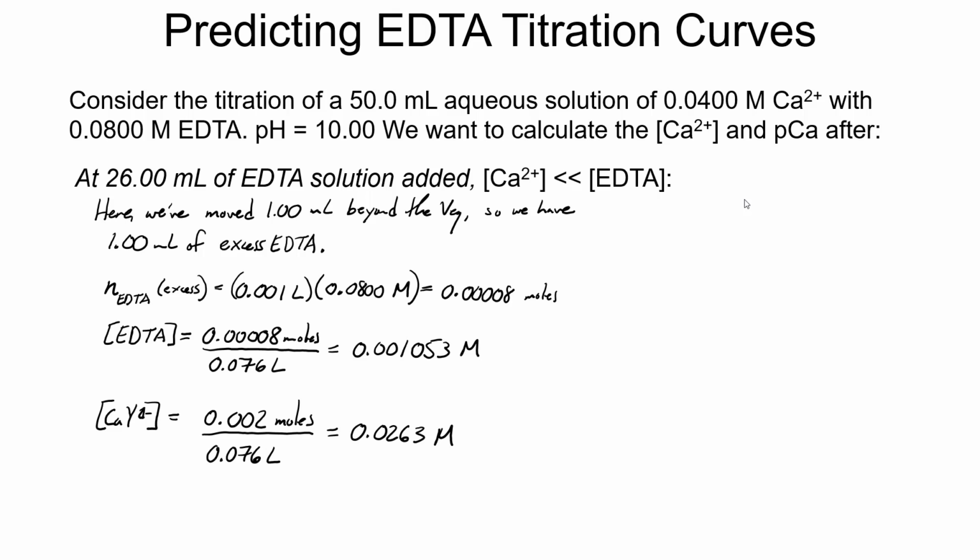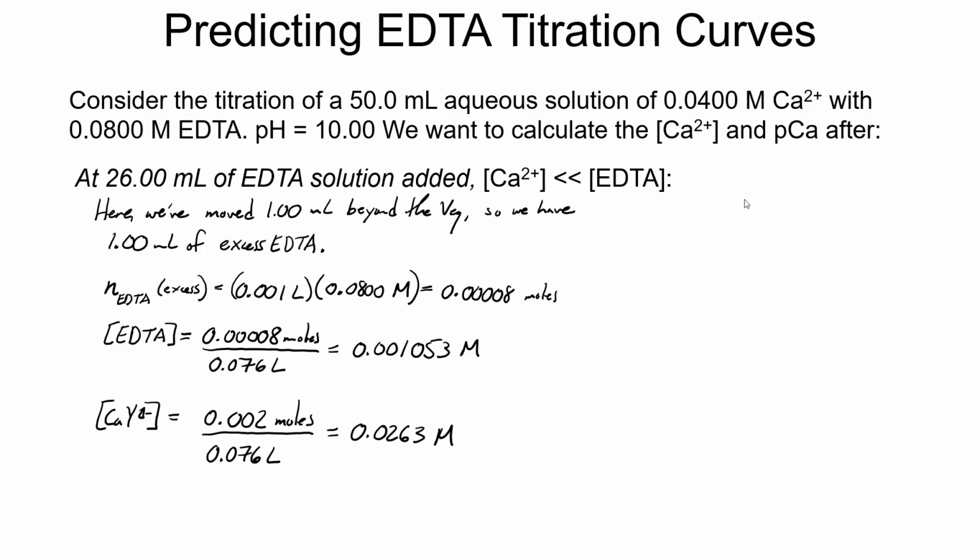So in region 3, everywhere past the equivalence point, the key chemical feature of the EDTA titration curve is now that the concentration of excess EDTA added is significantly greater than the concentration of calcium 2+ added. What's the reason for that? Well, the calcium 2+ now can only come back into solution out of its complex with EDTA. The formation constant between EDTA and calcium is quite large, therefore calcium release is minimal.